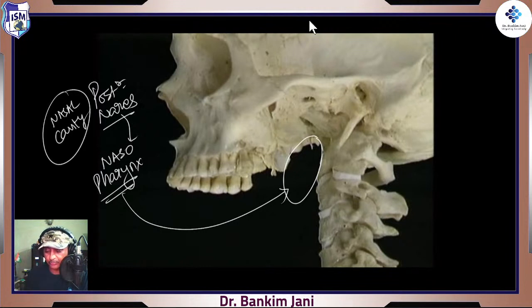What is going through the foramen magnum? Well, the spine would be going, right? So that means here it has to be basiocciput. True? So now we are convinced. So we say this is basiocciput. Okay, this is done.